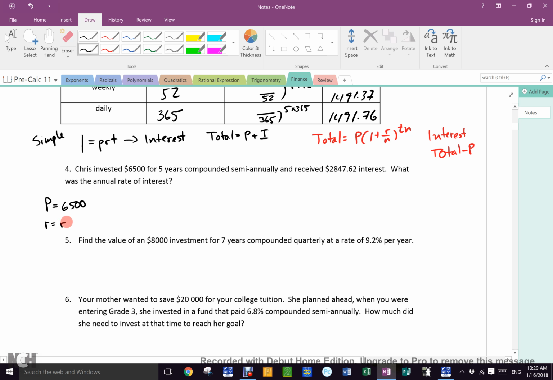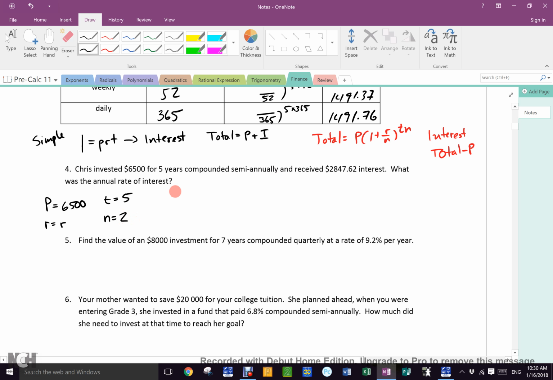No. There's my R. Do I know his time? How many years did he have it in the investment? 5 years. And do I know his N? How many times did he get his interest every year? Semi-annually, so how many? Twice.